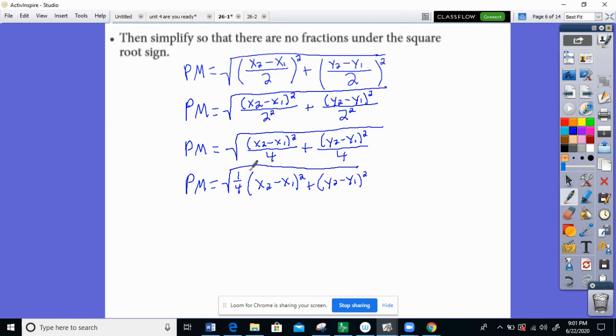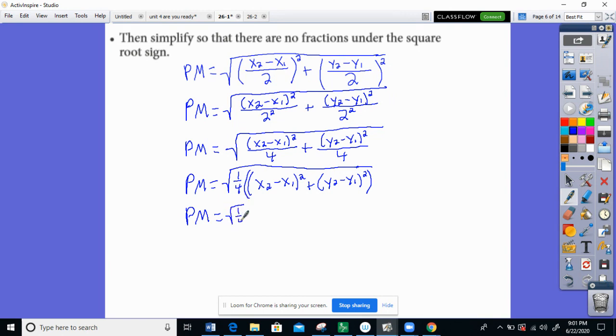And then we actually want to have another set of parentheses there because that 1/4 didn't just get factored out of the first term, it got factored out of both. Now, when you were simplifying square roots, working through the Pythagorean theorem, you saw that if you had a square root of a product, you could break that up into 2 different square roots multiplied together.